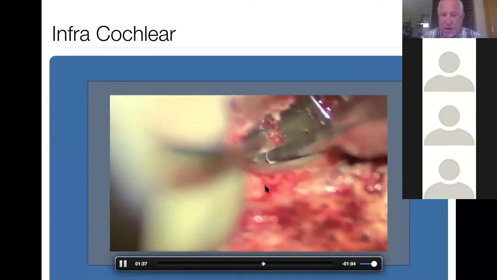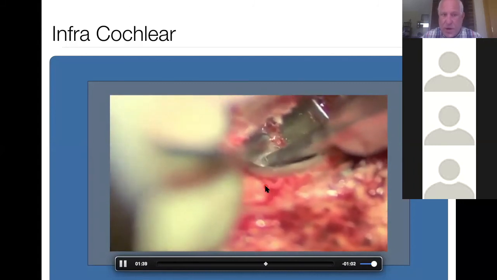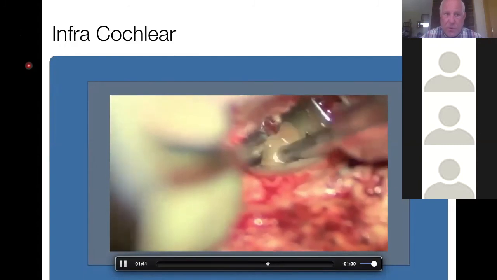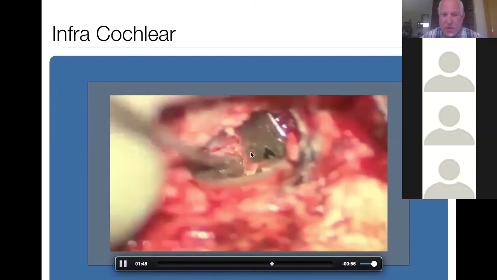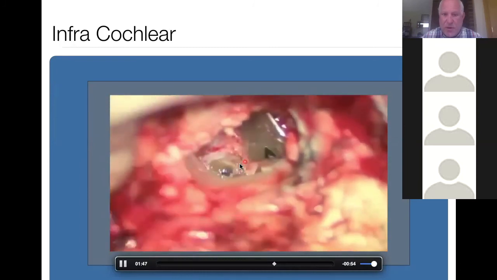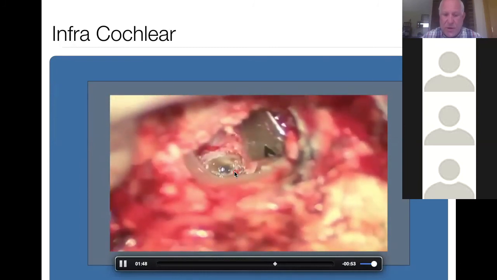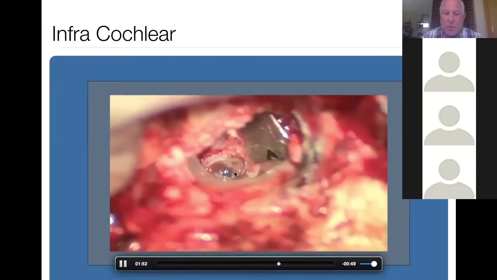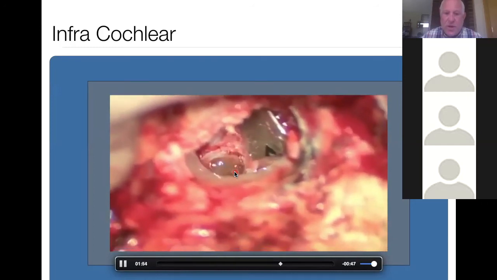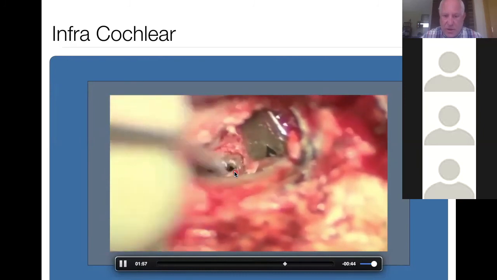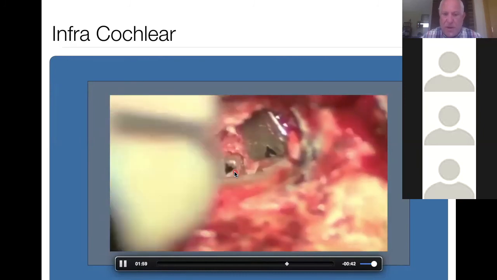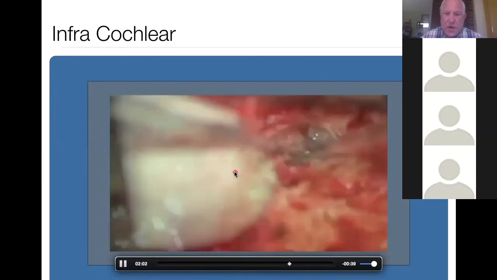After identifying the carotid and the jugular bulb, we will then proceed to begin drilling, and you can start to see that we're starting to get a brownish color fluid. Again, most important is that when you do this, you follow your structures. You follow the jugular bulb, you make sure you're not injuring the carotid artery.